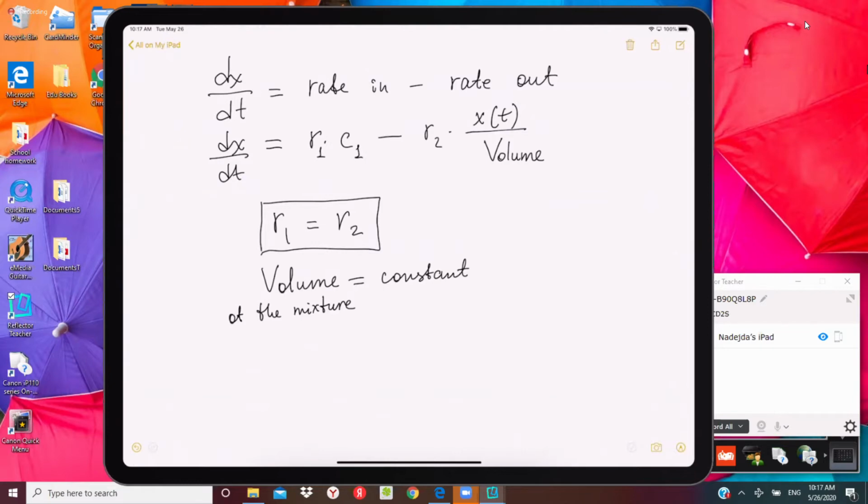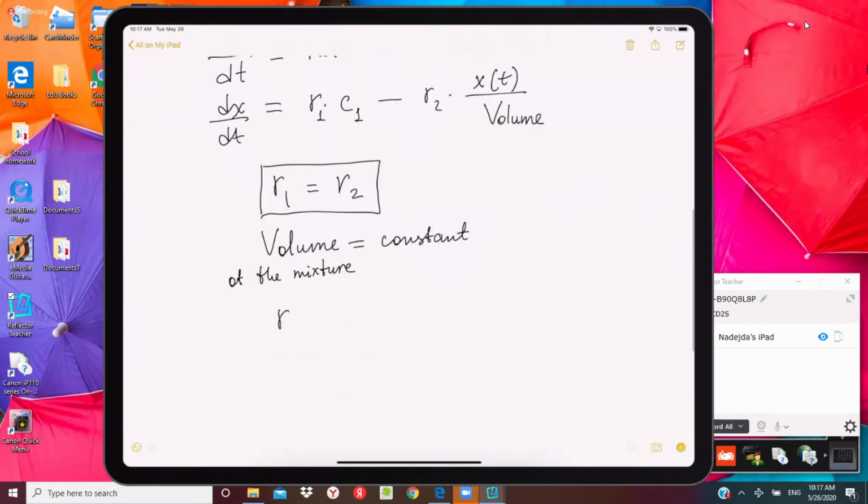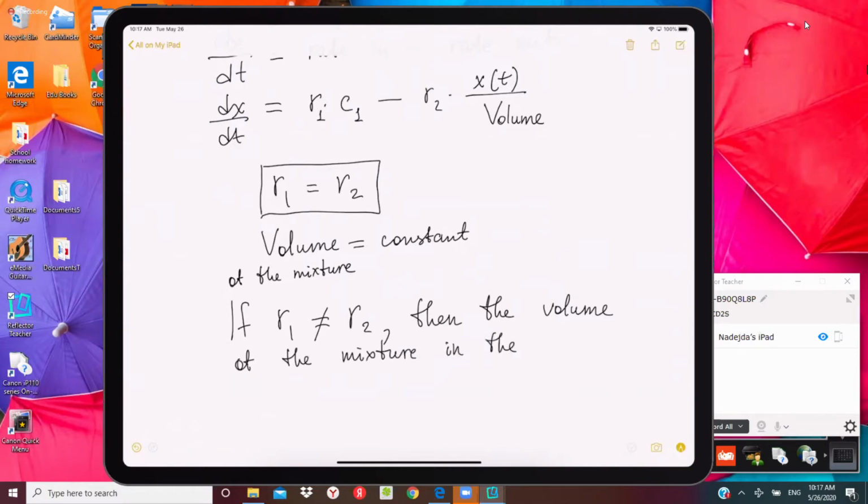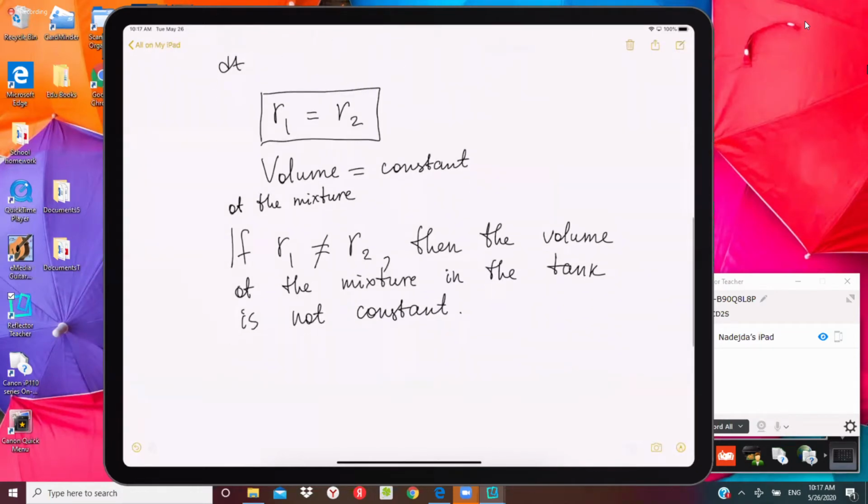But sometimes if R1 is not equal to R2, then the volume of the mixture in the tank is not constant anymore, it's going to change. So that's how you might get a function, something like 300 plus 2t, depending on what the numbers are.